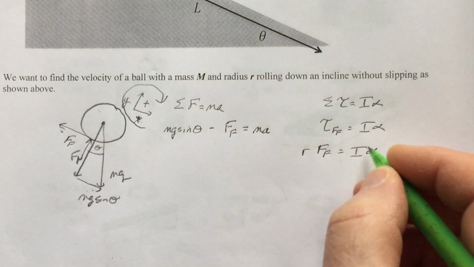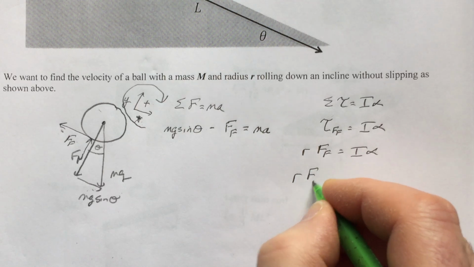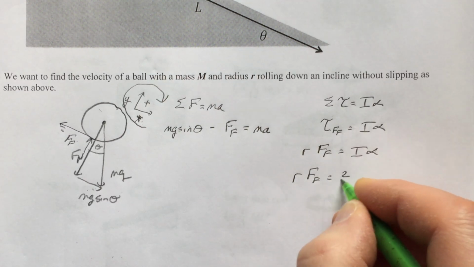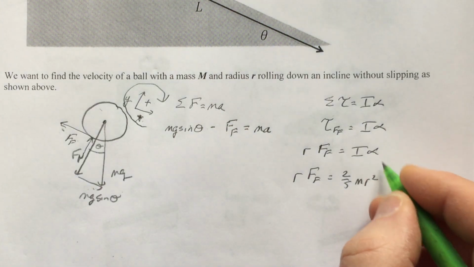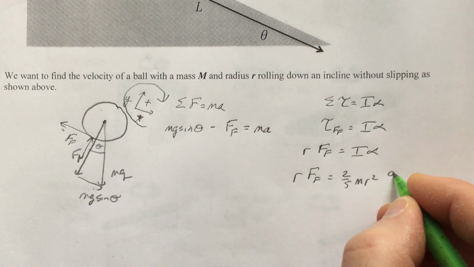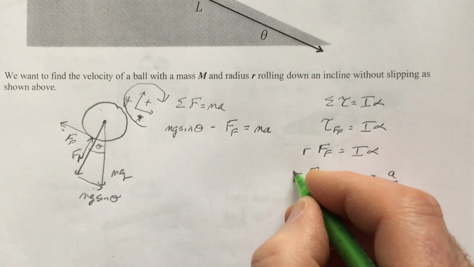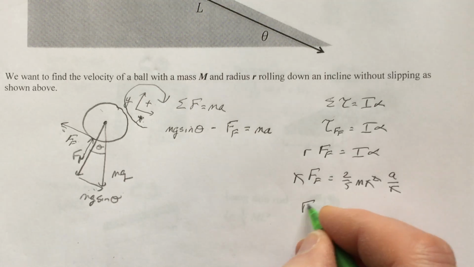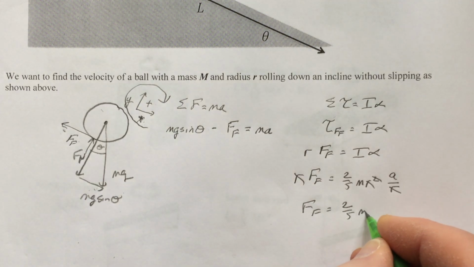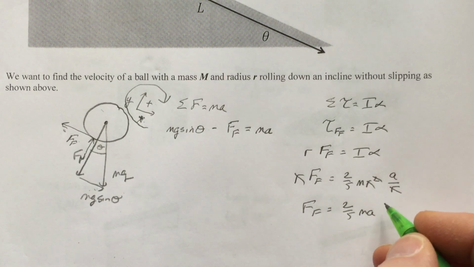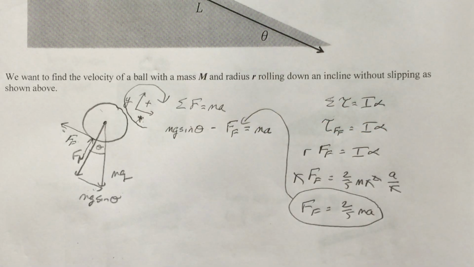Now remember, we said I was 2/5 mr squared. And we've done this often enough now: r alpha equals my acceleration, so alpha is a over r. Goodbye r's. So my force of friction is 2/5 ma. This now can go up into there.